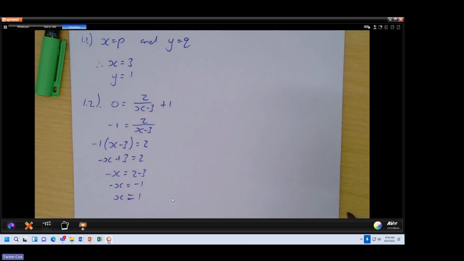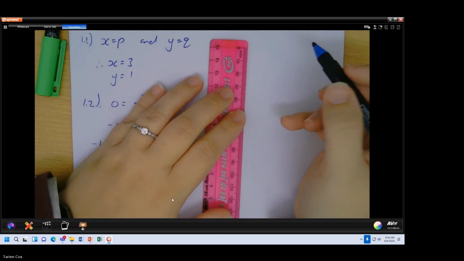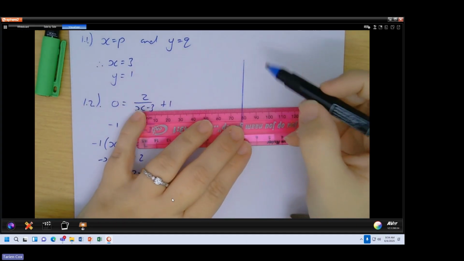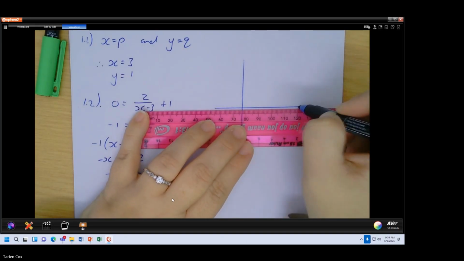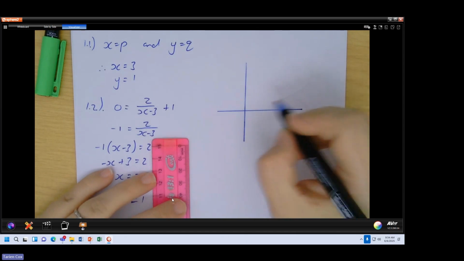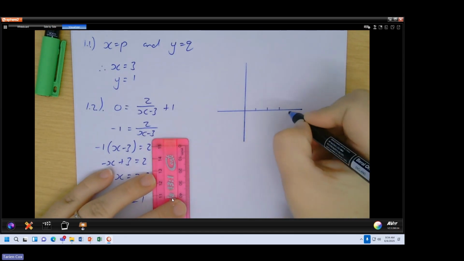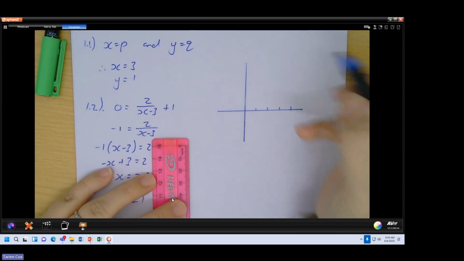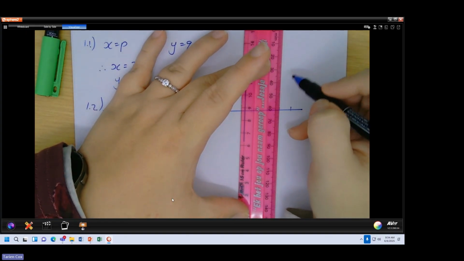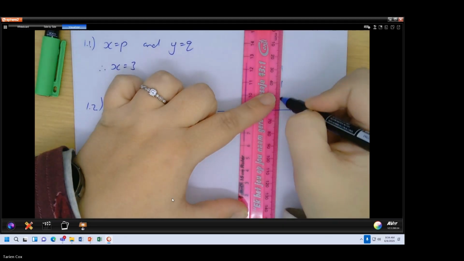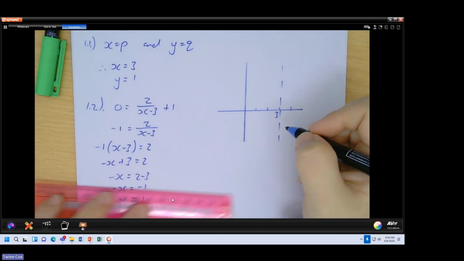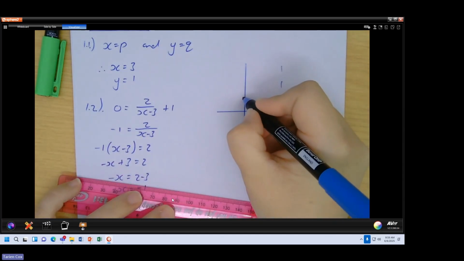So if I sketch, the first thing that I do is I go and I sketch my asymptotes. So we've got 1, 2, 3, 4, and then my first asymptote will be at positive 3, and then I've got an asymptote at positive 1.